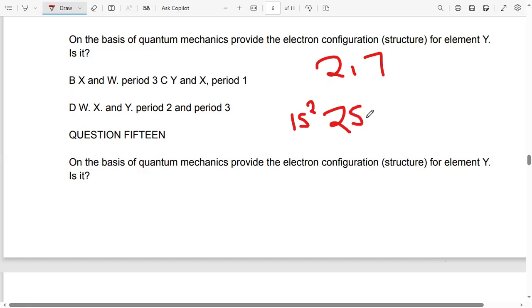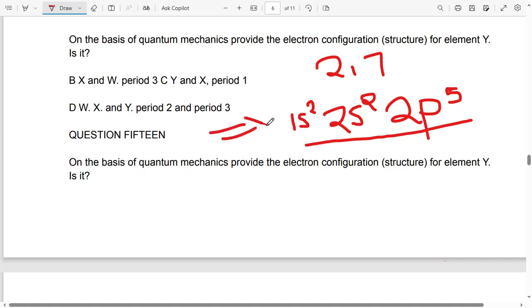So the 2s will also have 2, and then you have the 2p. Now how many electrons are remaining? We have removed a 2 and a 2 from this 7, so 5 are remaining. So this here is the electronic structure.